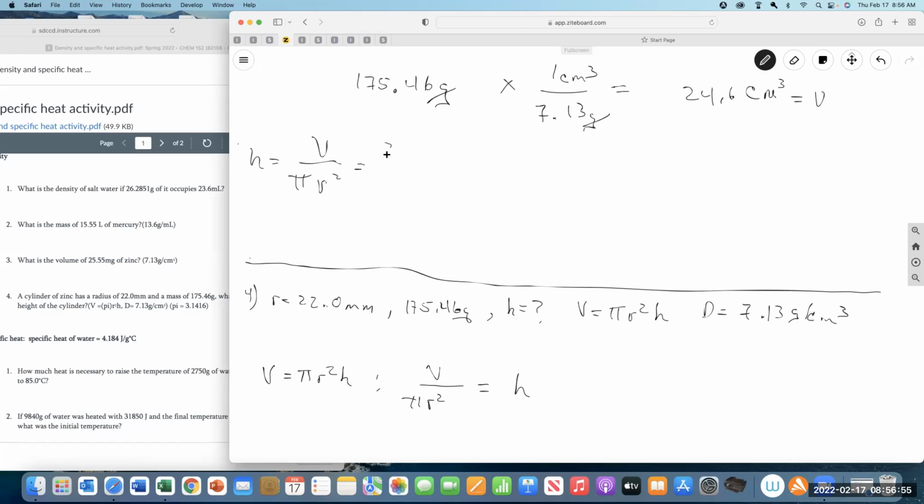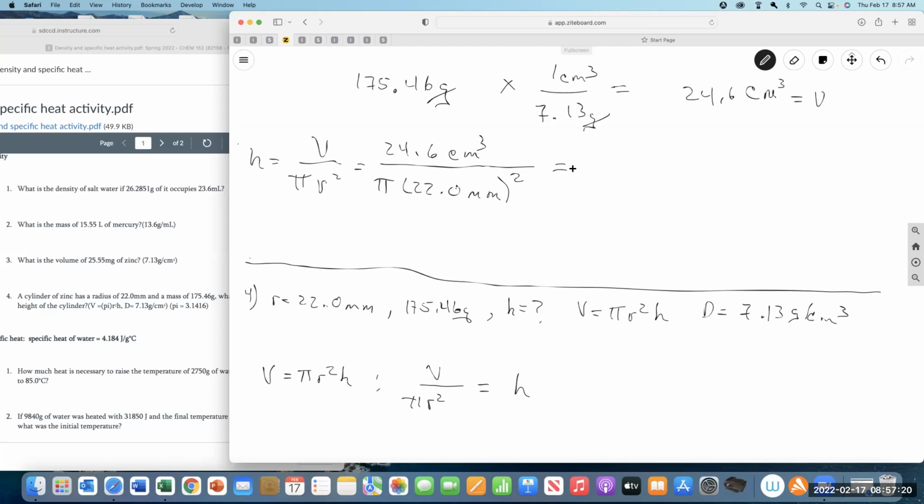So this is 24.6 cubic centimeters over pi times 22 millimeters, and that's squared. So I'm going to have a problem here. I'm going to have to do a unit conversion, but let's get this cleared up first.